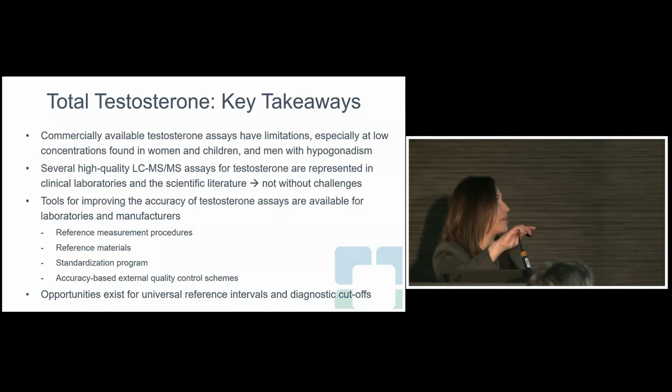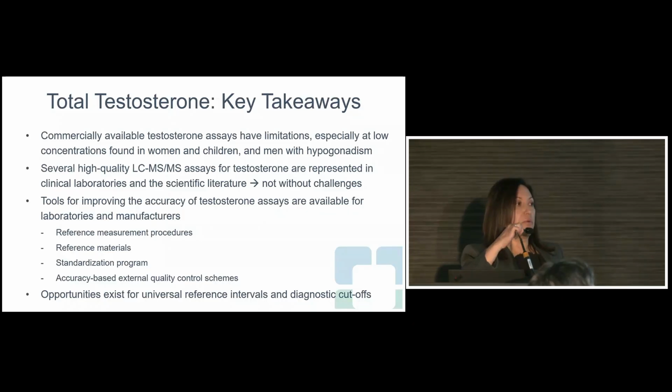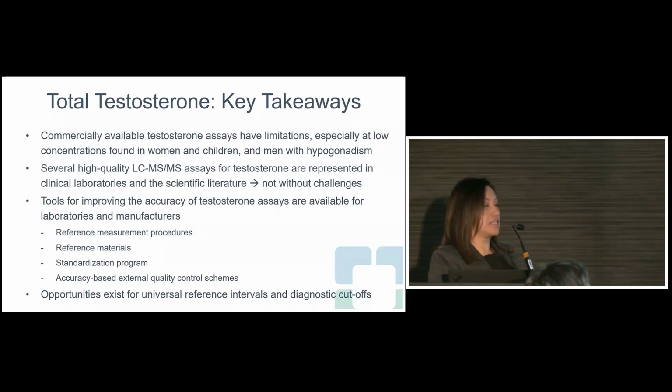So to summarize this part, the commercially available testosterone assays still have limitations, for which we have to have tandem mass spec methods in our laboratory. There's a good foundation of tools and methods published, but it doesn't come without challenges, as Leslie presented and demonstrated to us.